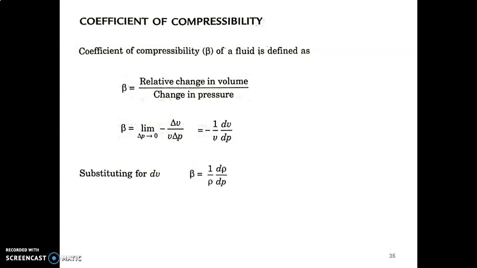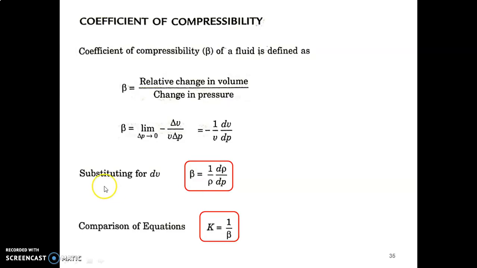Now substituting for v, which is 1 by rho, beta is equal to 1 by rho d rho by dp, which is nothing but 1 by K. Comparing the equations, we know that K is equal to 1 by beta, or beta is equal to 1 by K. So the bulk modulus of elasticity for two different processes, and the relation between K and beta, are all very important. These things have been asked in many previous exams.